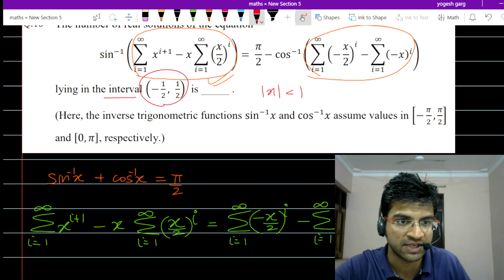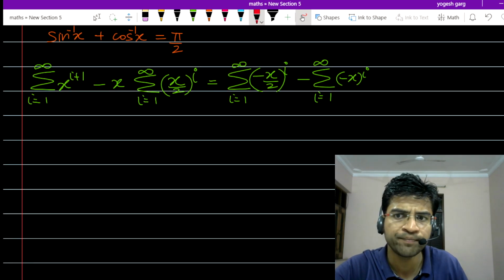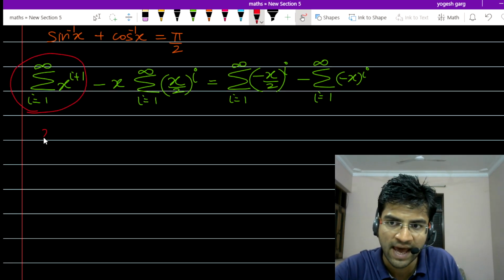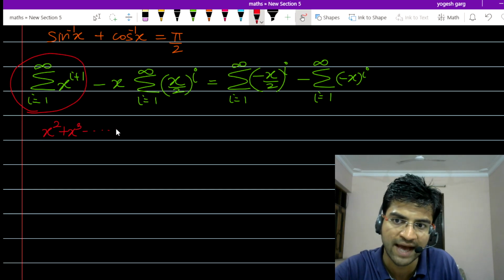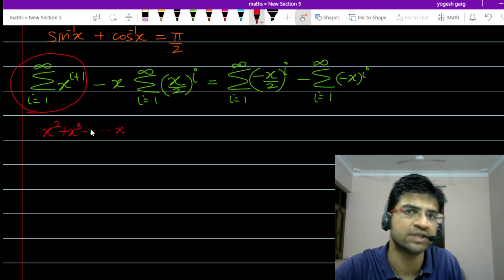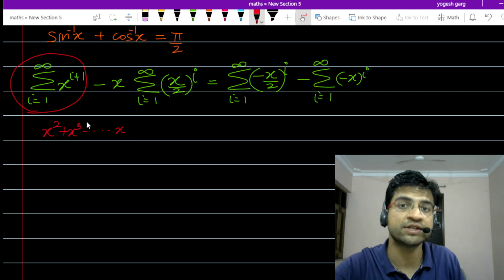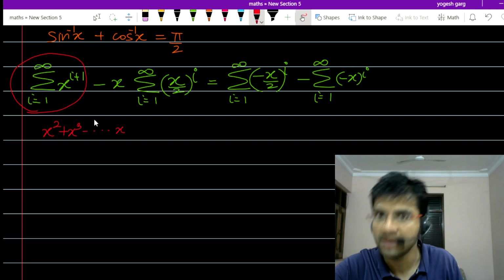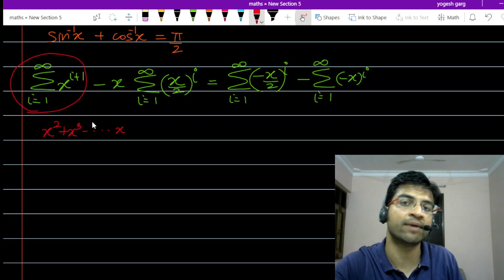Now how to proceed with this? What you can do, this first expression is equal to x to the power 2 plus x to the power 3, and it goes on till x to the power infinity. Now what is the idea in infinite GP? a by 1 minus r, that is first term upon 1 minus common ratio.